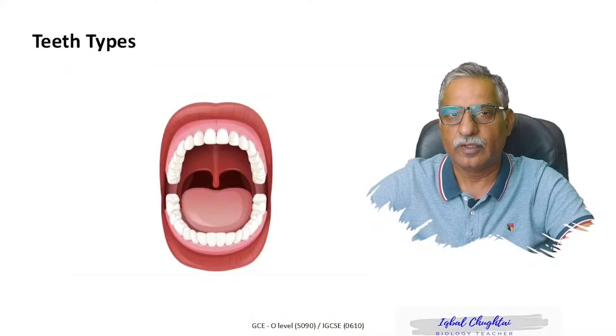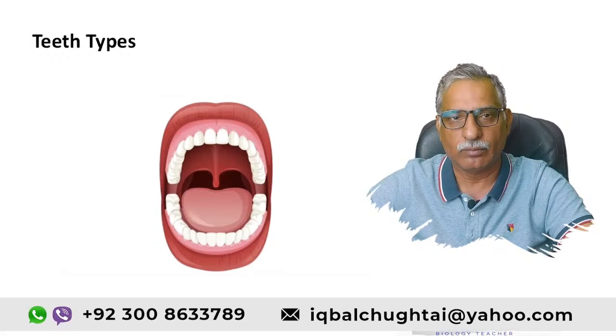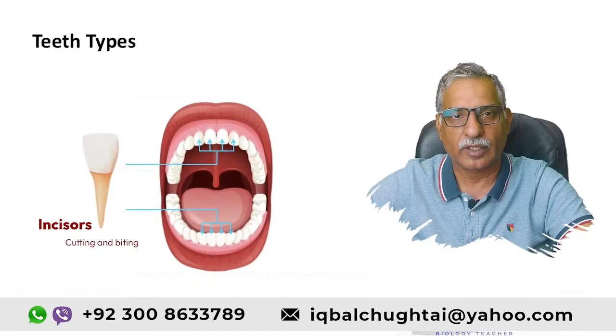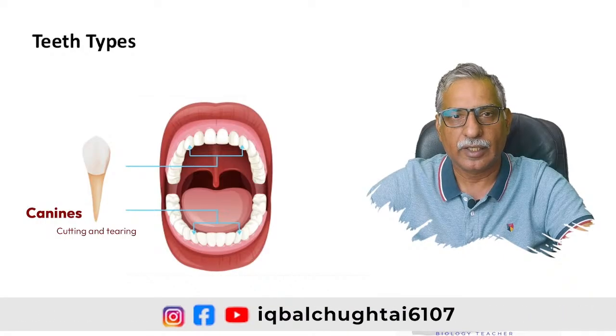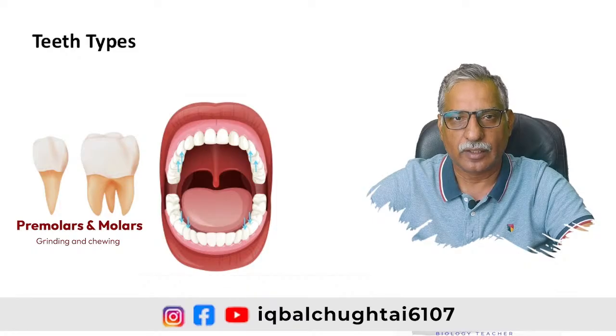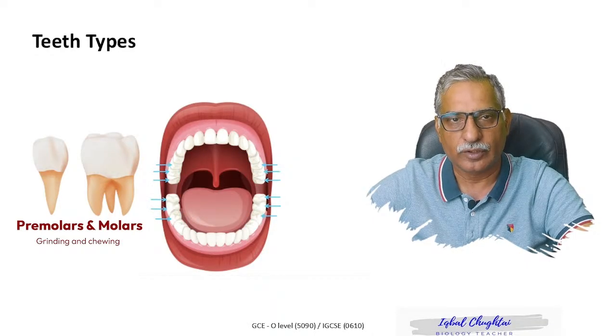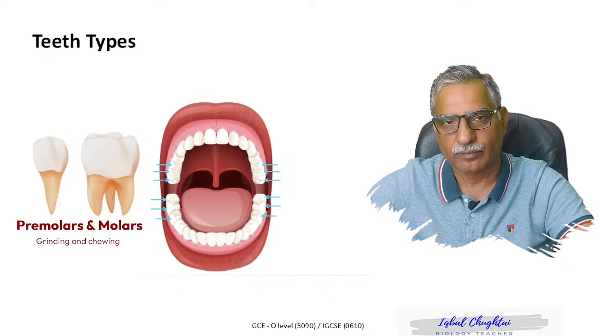There are 4 different types of teeth found in the human mouth: incisors, meant for cutting and biting; canines, meant for cutting and tearing; and premolars and molars, responsible for grinding and chewing food into smaller granule-like pieces.